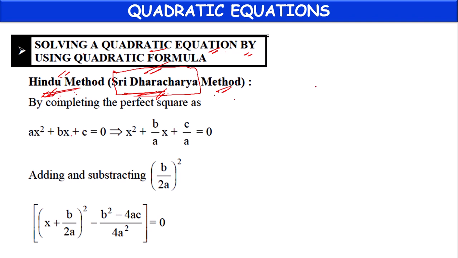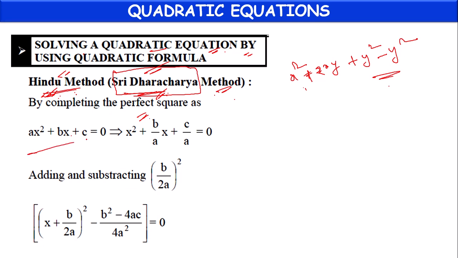In our earlier method, the completing the square method, we have learned that if we have x square plus 2xy, then we have to add plus y square minus y square on both sides. Like that, this concept we have learned.